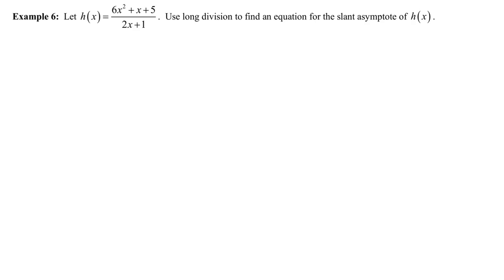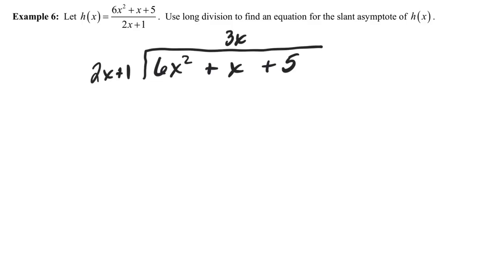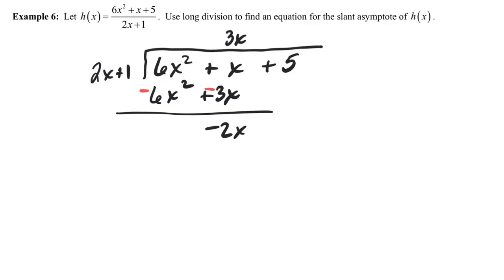All right, I'm going to move over 2 terms because it's a binomial. And I'm going to ask myself, 2x times what will give me 6x squared? I'll put the 3x up there, distribute it to both terms, 6x squared plus 3x. Let's change those signs because we want to subtract. Then I get negative 2x, bring down the plus 5, do it one more time. I have to just multiply by negative 1.